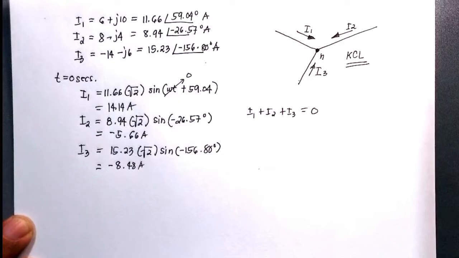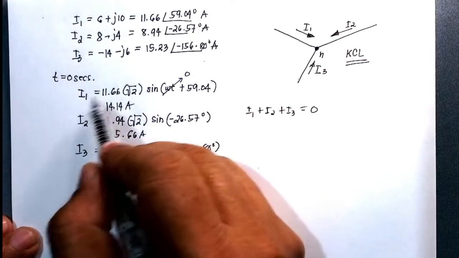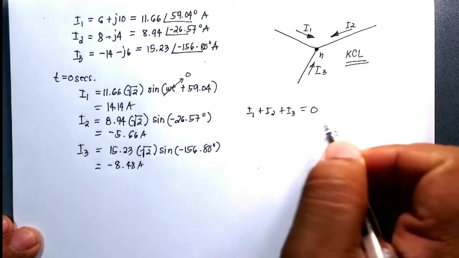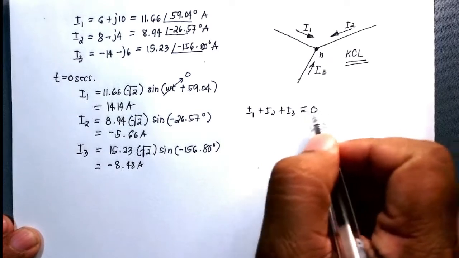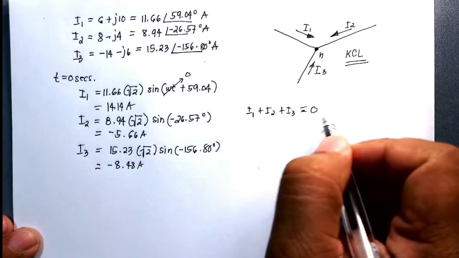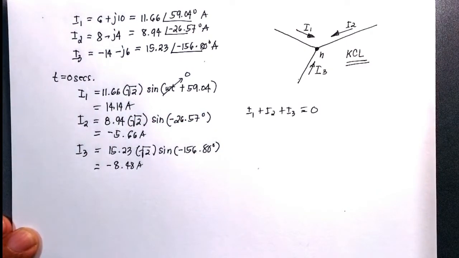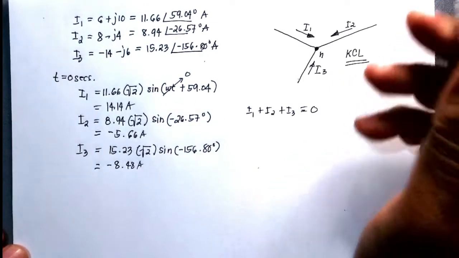It means that at 0 seconds, the summation of our currents is 0, which means that the values assigned to I1, I2, and I3 are correct.